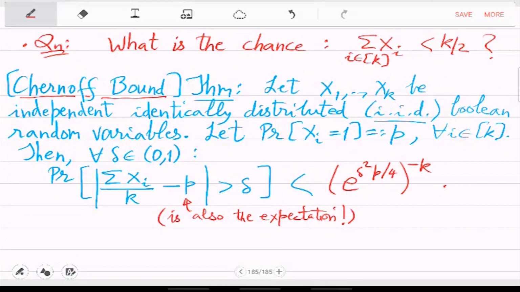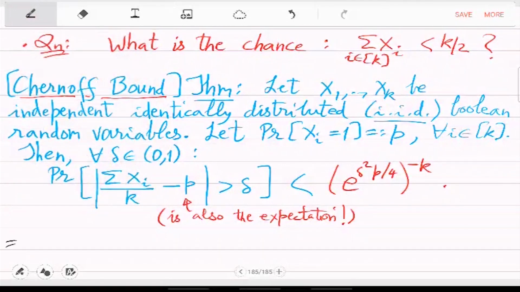And this helps you in reducing the error probability exponentially close to 0. Recall this definition of M prime.